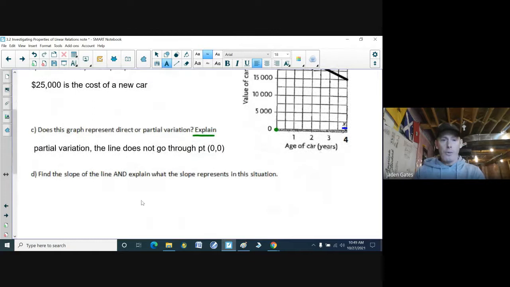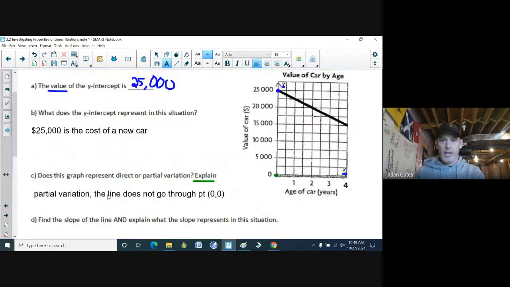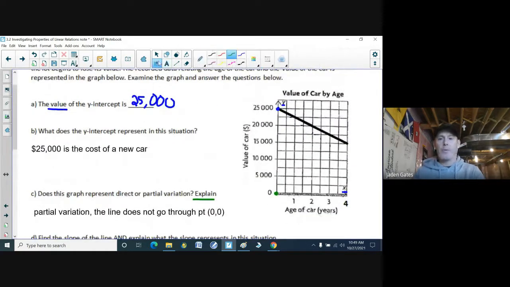Find the slope of this line. Okay, so again, when I'm finding the slope of any line, I need 2 good points. So I'm going to go with my y-intercept here. And I'm also going to go with my endpoint there. All right, so if I want to find that slope, again, I'm going to have to move over. So I'm going to go over. And then I'm going to go down here.